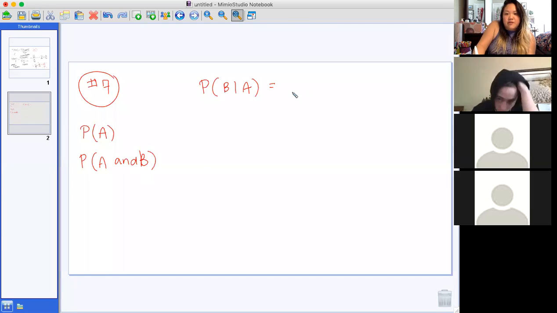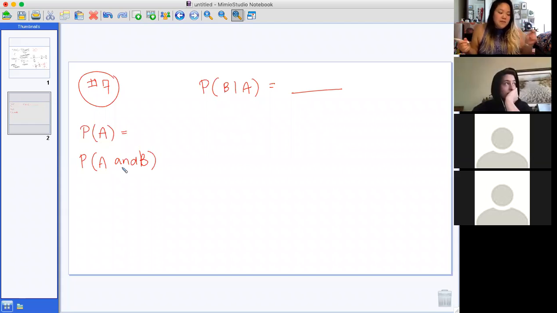Because that's what we need for this formula. So the probability of B given A, that's that both children are boys, given that there's already a boy in the family. So the probability of A is there's a boy in the family.